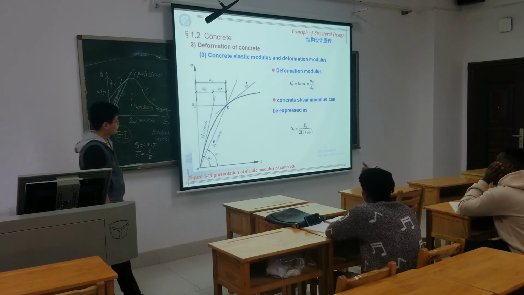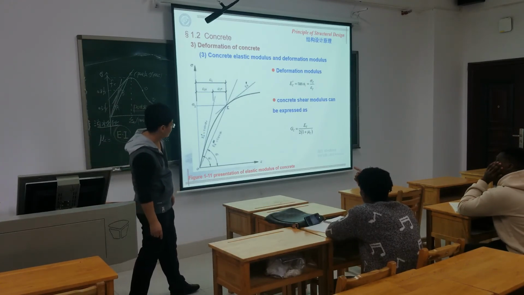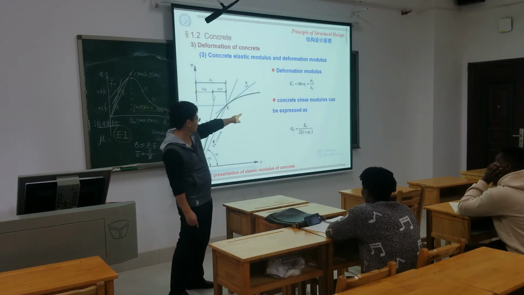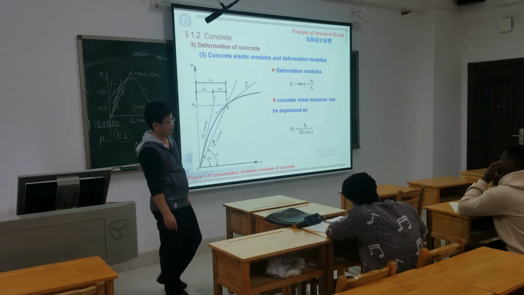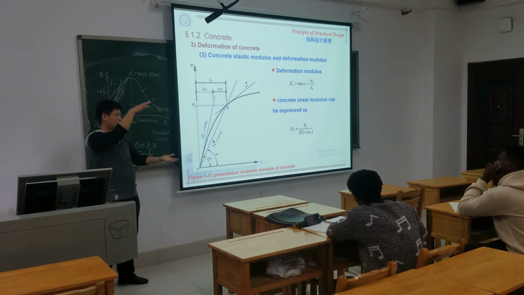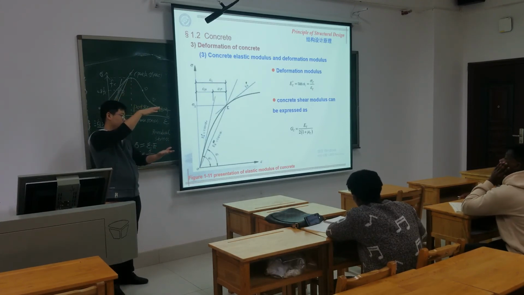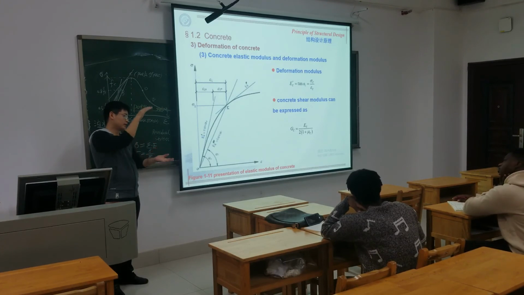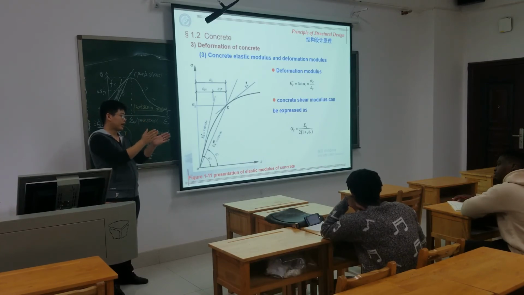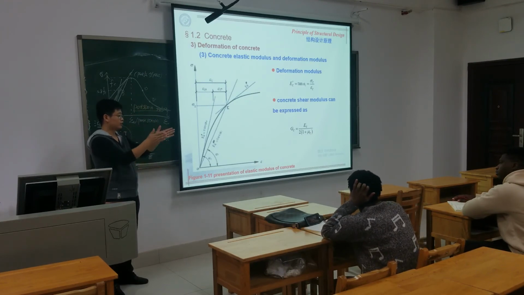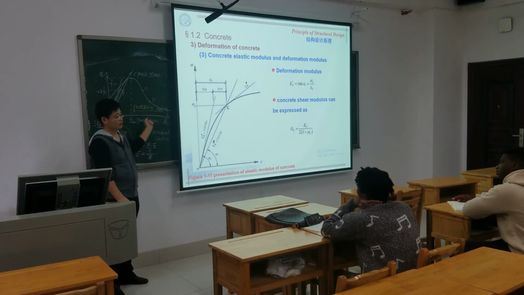The GC is the shear modulus. Suppose you see a column and you push in this direction: the column will get shorter, the dimension will change, but at the same time the other direction increases. So the Poisson ratio is the relationship between the deformation in this direction and this direction.